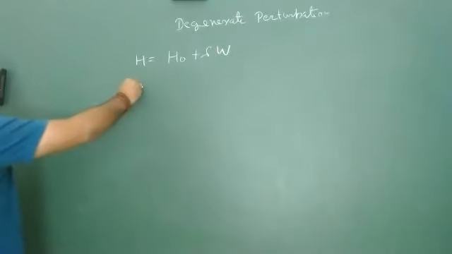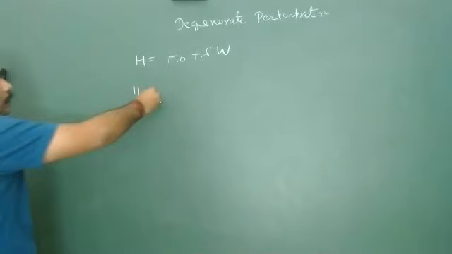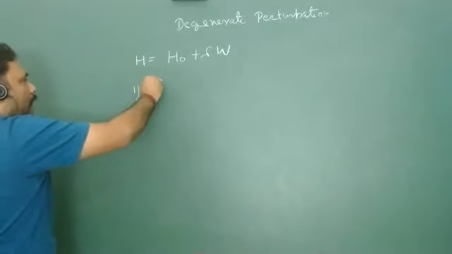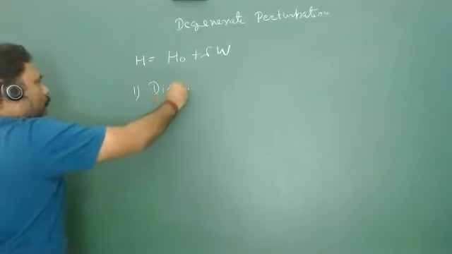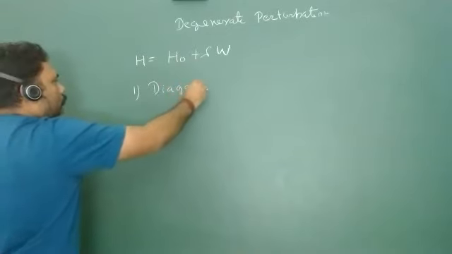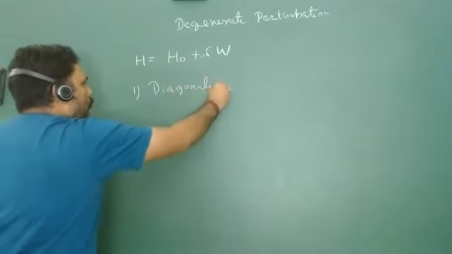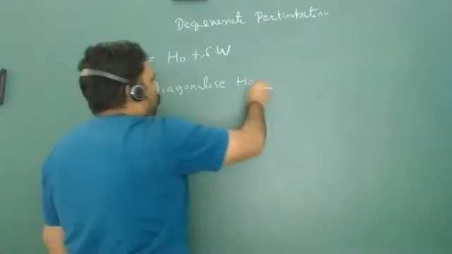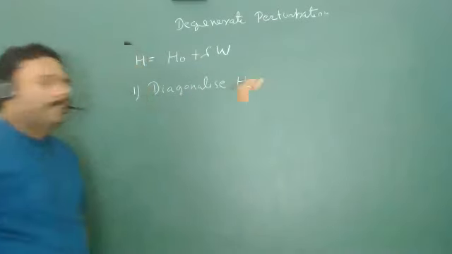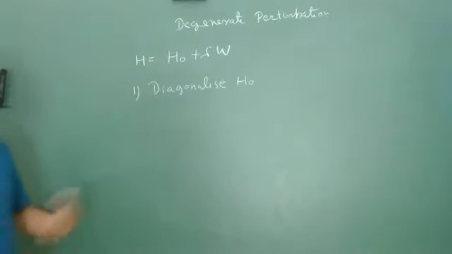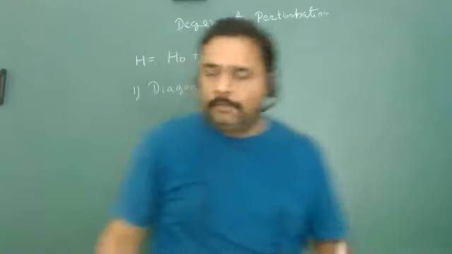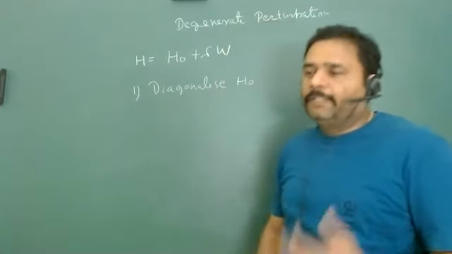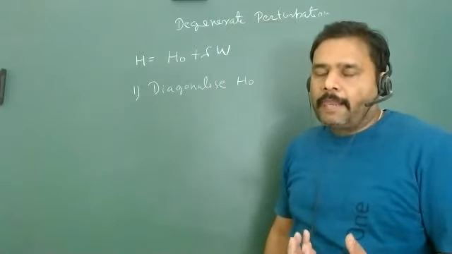So what is your first step? Your first step, diagonalize H naught. So in which basis will you diagonalize H naught? Can you please tell me in which basis you will diagonalize H naught?